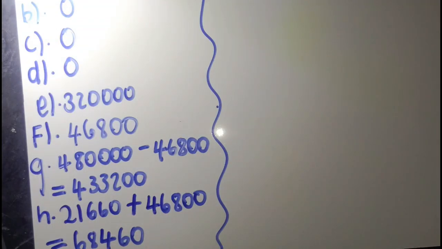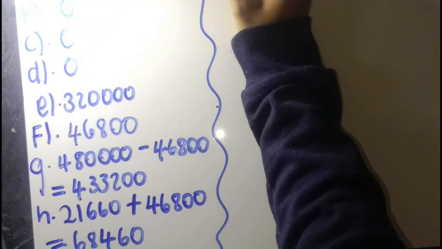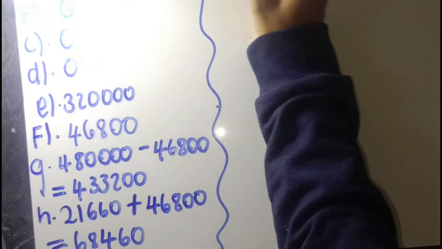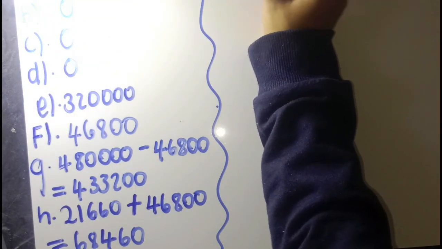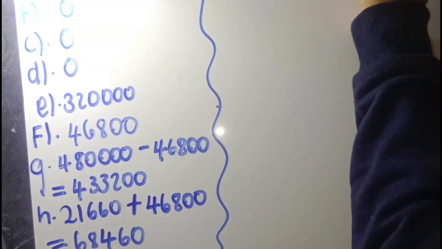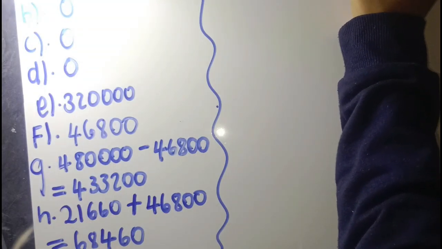So now let's move forward. Now they're asking for your carrying amount, right? Your carrying amount will obviously be 480,000, the cost at which we had, minus the accumulated depreciation, 68,460, that we just calculated.